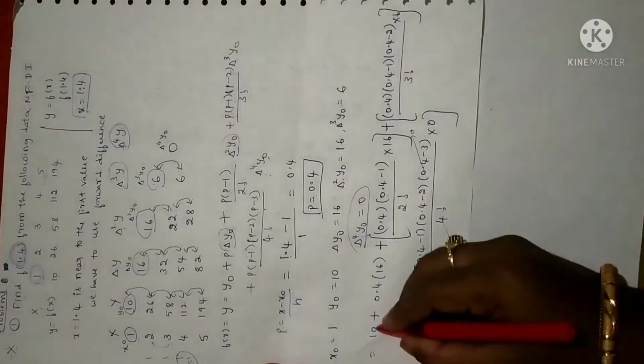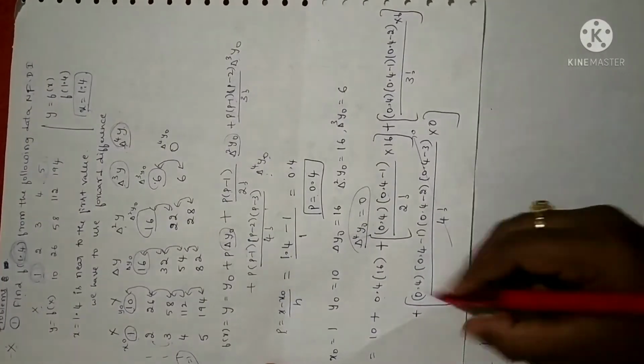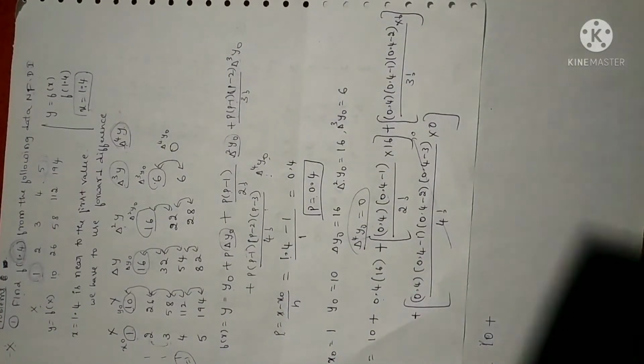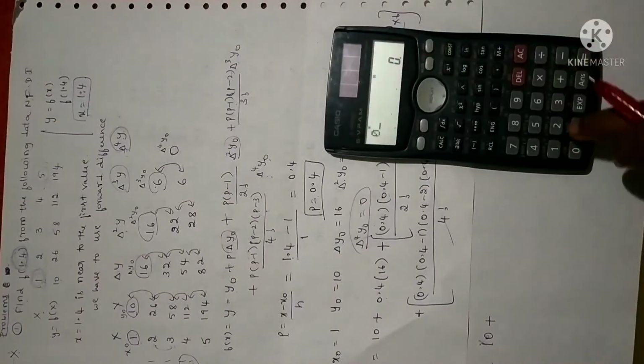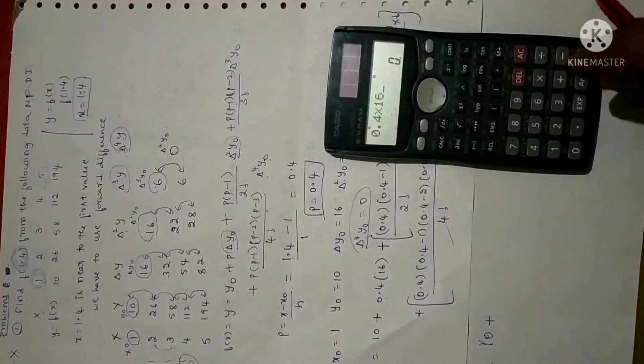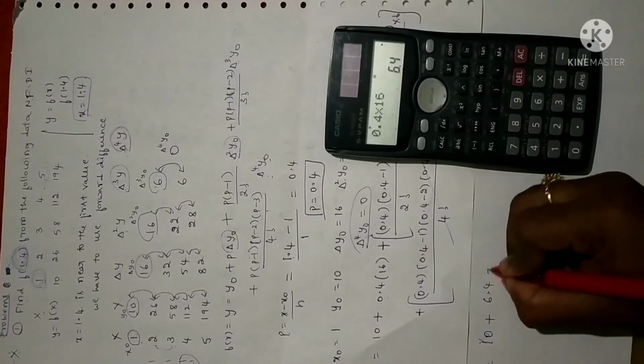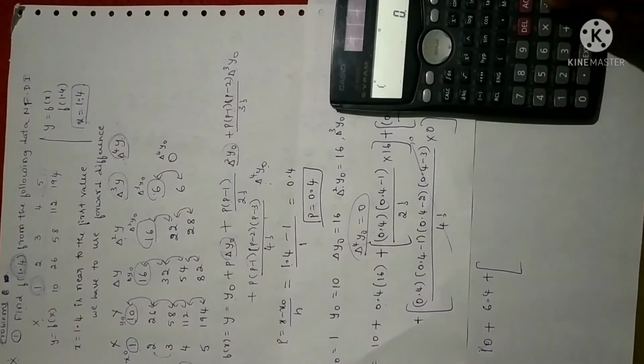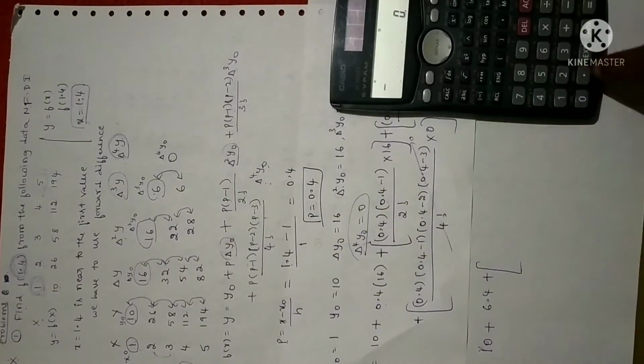So y is equal to 10 as it is, plus, I'll just show you in the calculator. For one problem I'll show you, the rest of the problems you need to do. See here, 0.4 into 16. I'll just write here 6.4. Plus, see, this term you can calculate directly. First you have to subtract 0.4 minus 1.